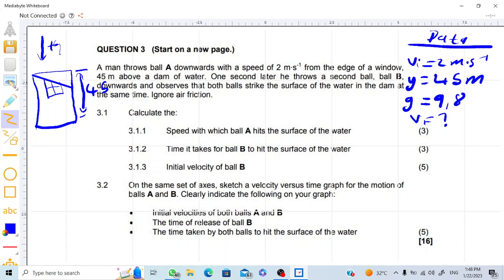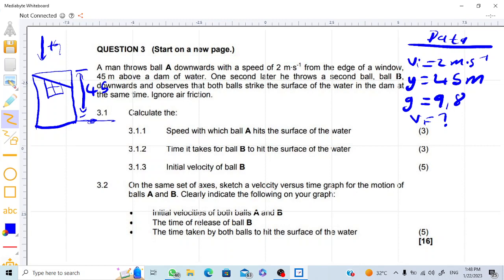Now calculate. You throw it from this point. Now calculate the speed at which this ball hits this point, the surface of the water.